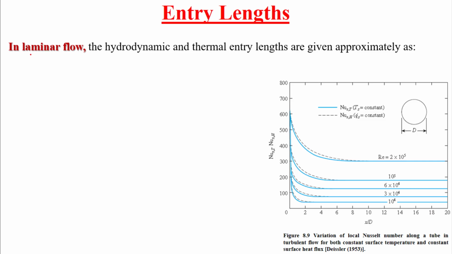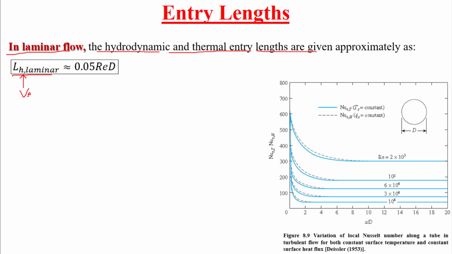Now, what about the laminar and turbulent? How will they affect those values? In laminar flow, the hydrodynamic and thermal entry length are given approximately as L hydraulic. Hydraulic means for the velocity profile entrance region, so this is the length of this region.